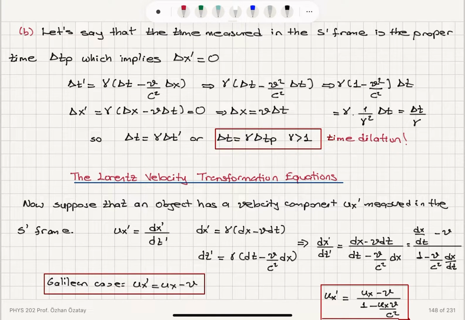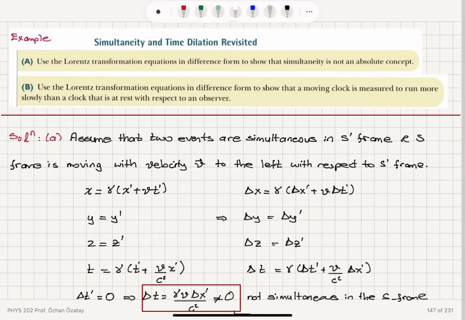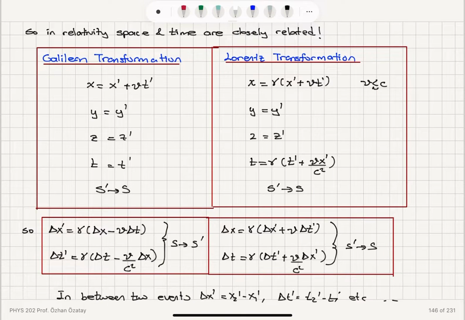And what was the case for the Galilean transformation? If we look at the Galilean transformation here, we would have dx equal to dx prime plus v dt prime.